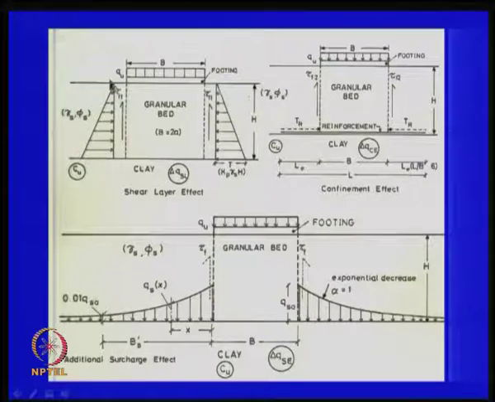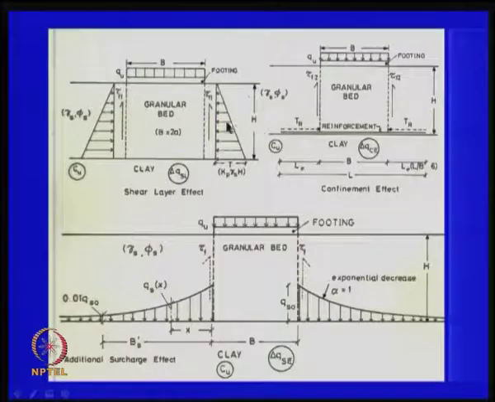So, there is a shear resistance that gets mobilized here on both sides. This is a shear resistance because of the shear layer effect, right. So, this we try to calculate, that is, in fact, how much is that, half Kp gamma H square.